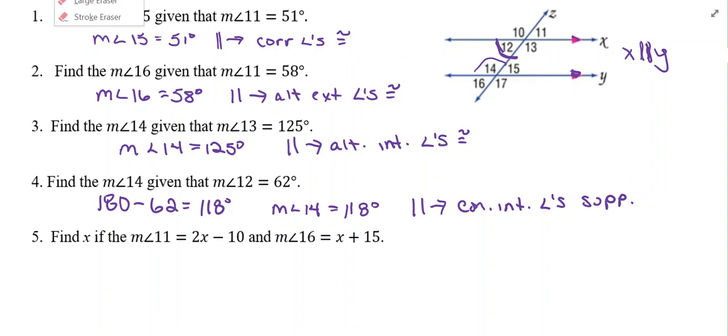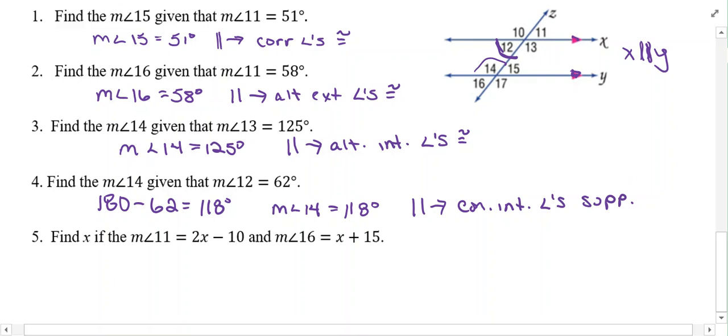And for the last one, what we want to find is x if we know that measure of angle 11 is 2x minus 10, and measure of angle 16 is x plus 15. Angle 11 and 16 are alternate exterior angles, so therefore they're congruent.